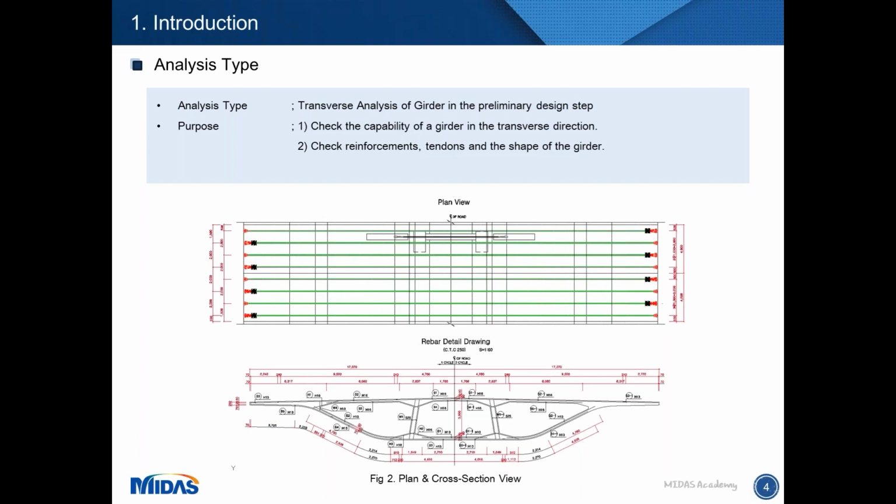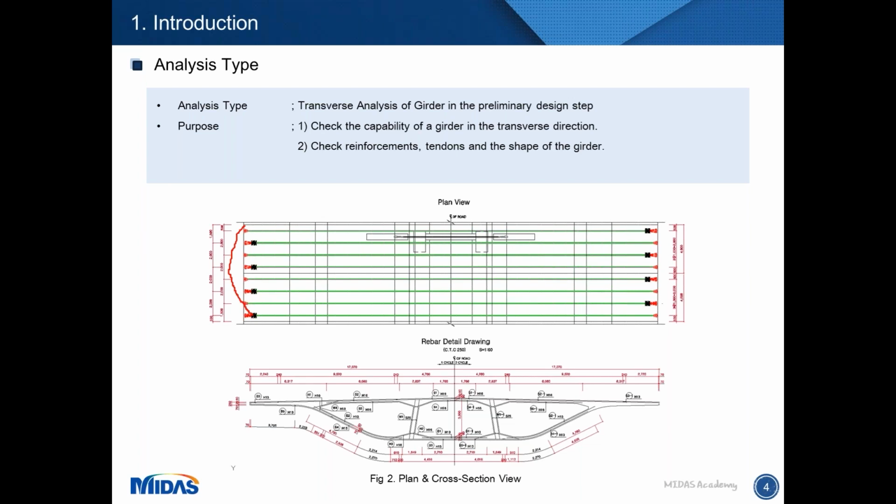This is today's topic. We will have a look at the transverse analysis of the PSC girder in the cable stayed bridge. This girder is a 3-cell box girder, and it has tendons in the transverse direction. So these are the tendons in the transverse direction.